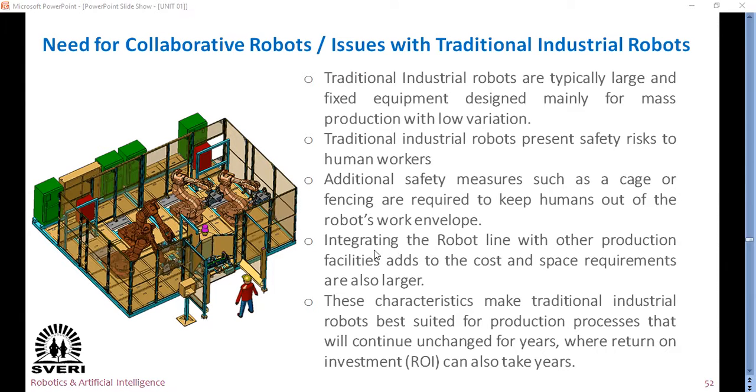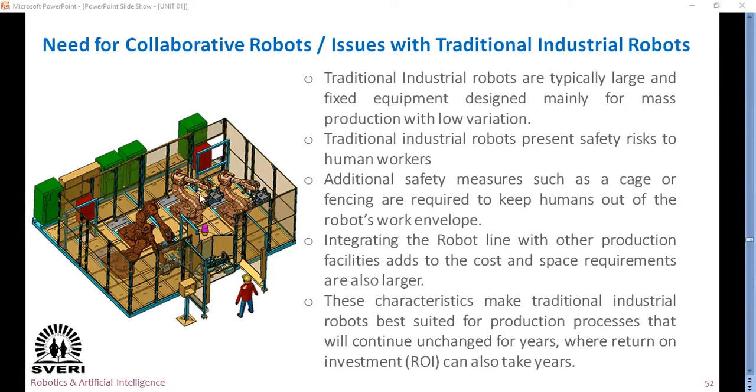Therefore, integrating the robot line with other production facilities adds to the cost, and space requirements are also larger. These characteristics make traditional industrial robots best suited for production processes that will continue unchanged for years, where return on investment can also take years.